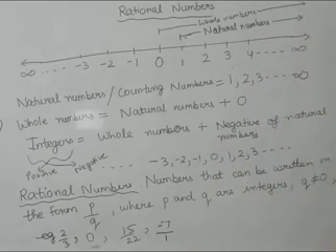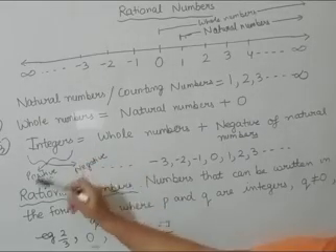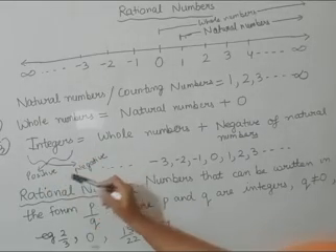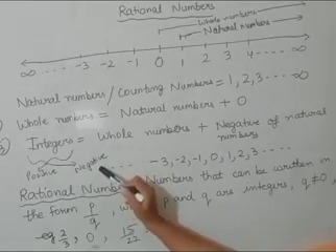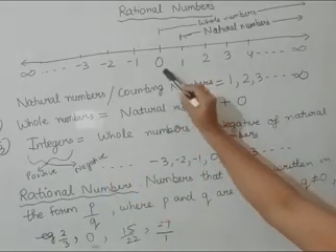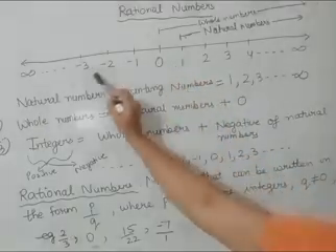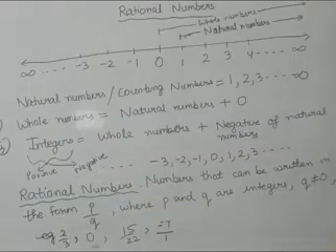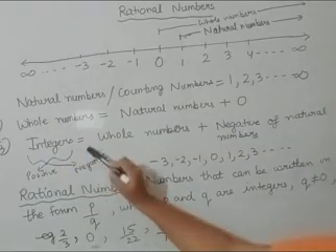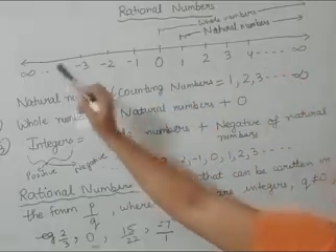Now comes integers. Integers are of two types: positive integers and negative integers. The numbers which lie on the right hand side of 0 are positive integers and all the numbers which lie on the left hand side of 0 are negative integers. So what are integers? Integers are whole numbers plus negative integers.